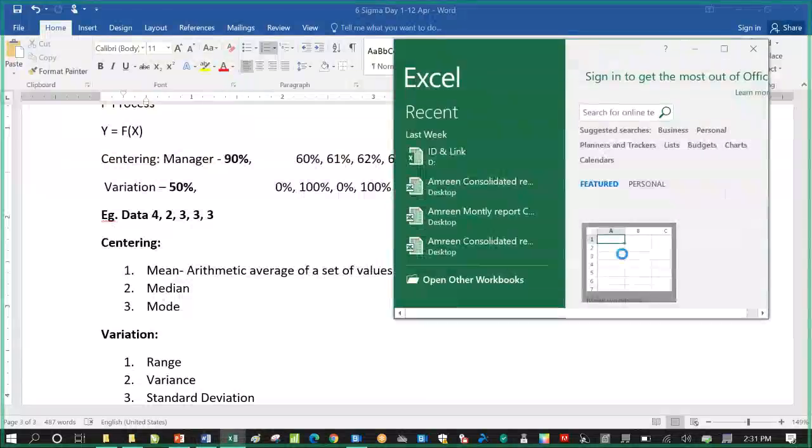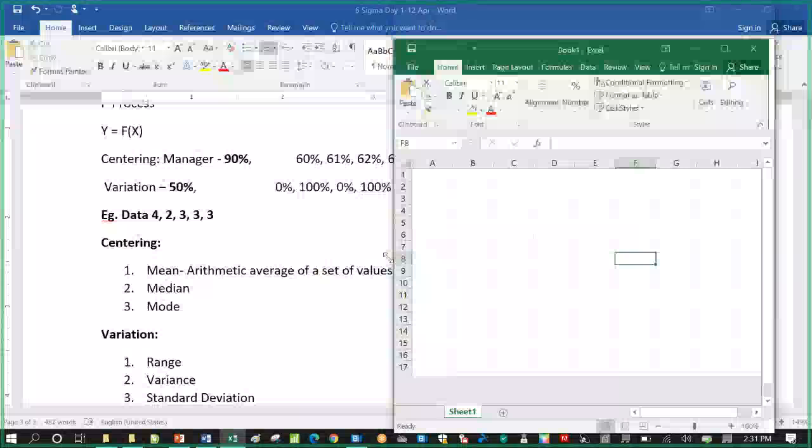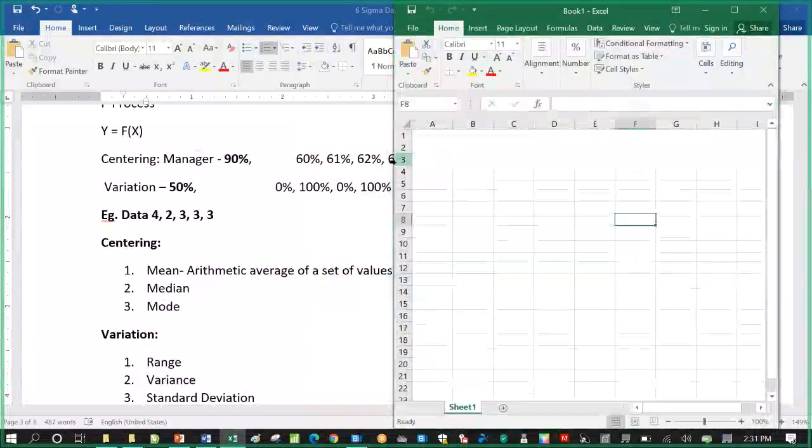Now how to do it in Excel, I'll tell you parallelly.